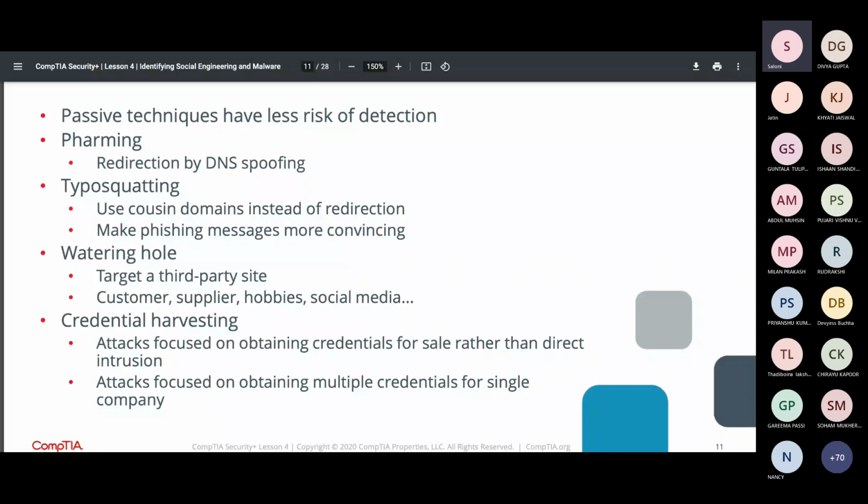Then we have watering hole. A watering hole attack is also a passive attack. This is a passive technique where the threat actor does not have to risk communicating directly with the target. It relies on the circumstance that a group of targets may use an unsecured third party website.